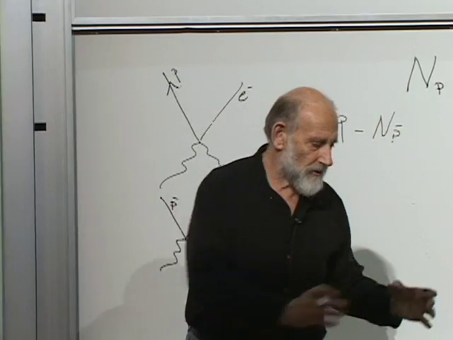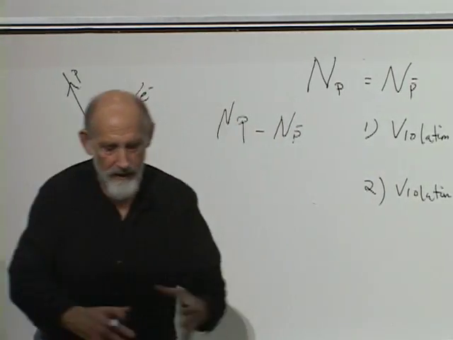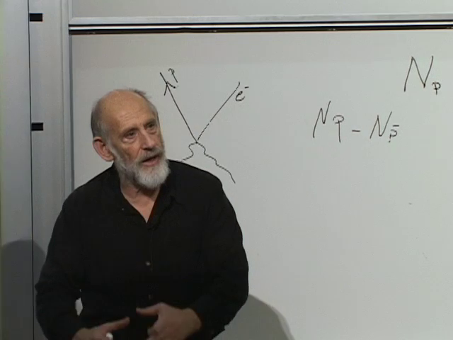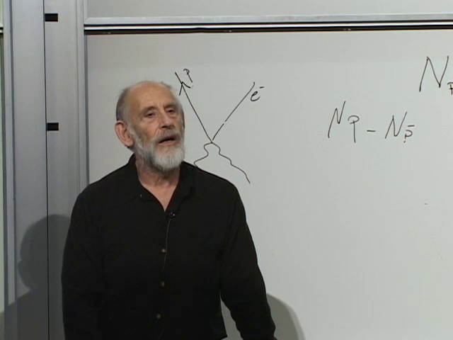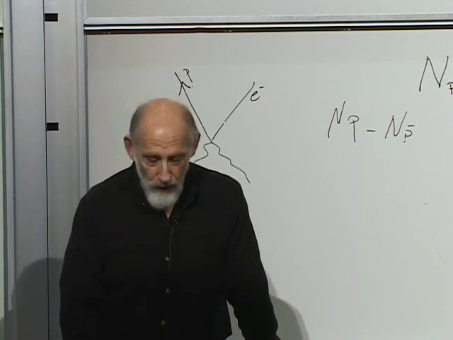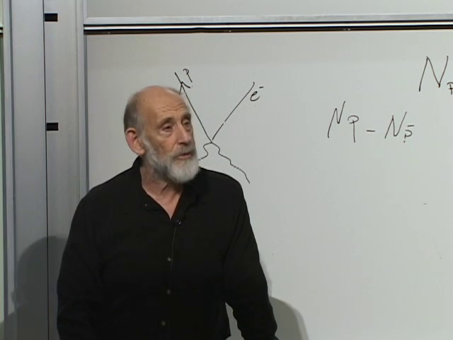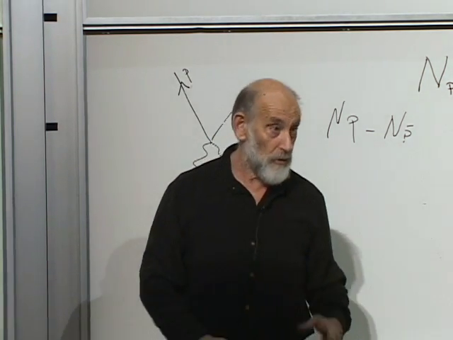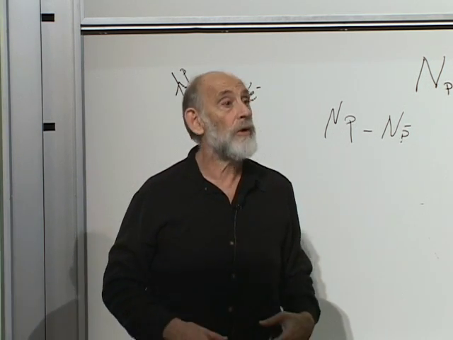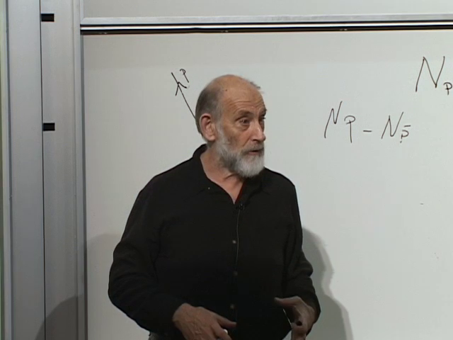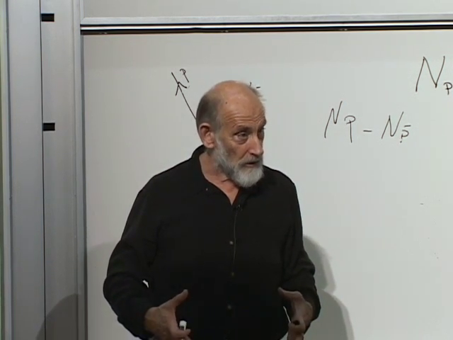Yeah, you might have had some excess of one over the other here, but over here you would have perhaps the opposite excess, and over here you would have. But still, you might have had an overall excess. That would, on statistical grounds, assuming there was a symmetry, you would expect the excess to be of order the square root of the number of particles. This is the usual square root of N statistics.